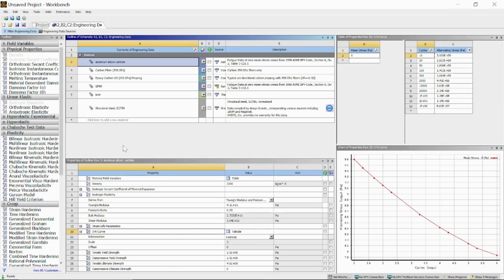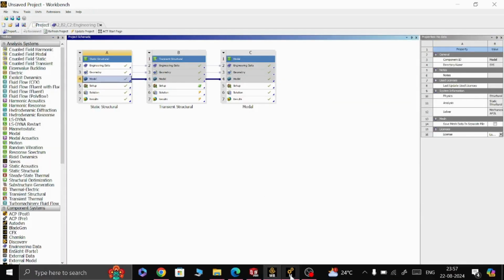If you need to add a new material, you have to click here and add the values of Young's modulus, Poisson's ratio, and density. And if you're doing transient analysis, you have to add the S-N curve to get your fatigue life and the life cycle. So let us begin with our project.